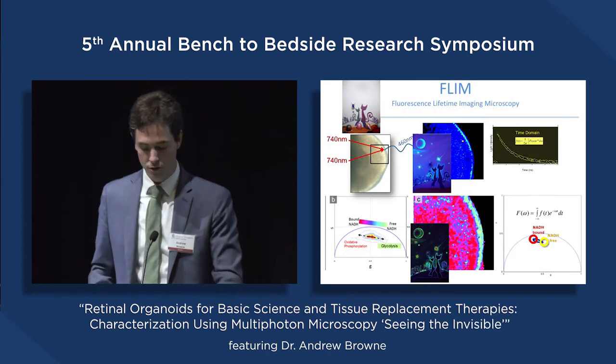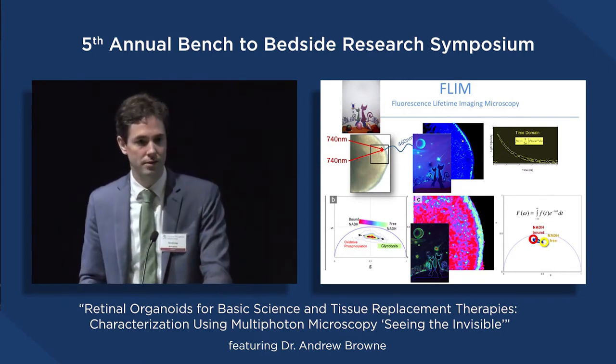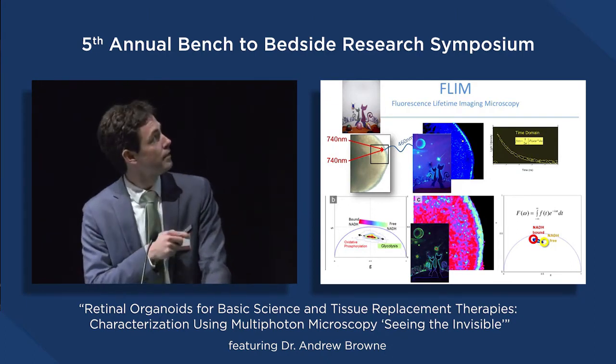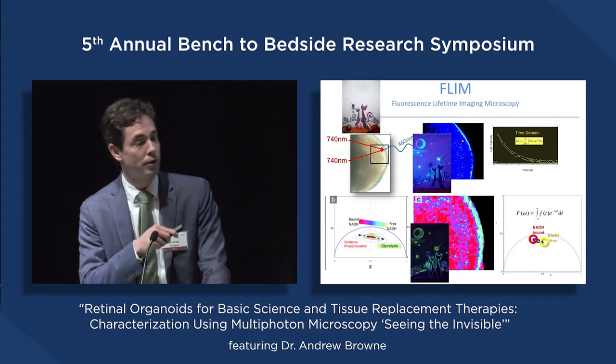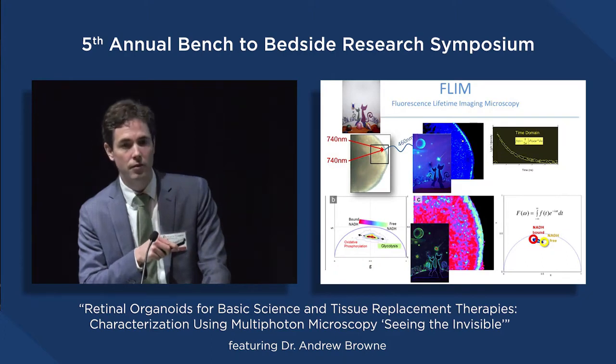And what those two beams of light do is they stimulate autofluorescence. And then light is emitted. And so we can capture all the light from every single point in space. And if you take these two beams and you scan them across the retinal organoid, you can reconstruct an autofluorescent image. And actually, the surface of the organoid here has got a lot of autofluorescence.